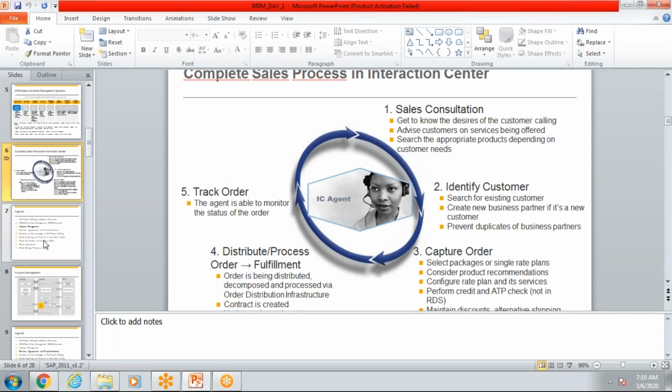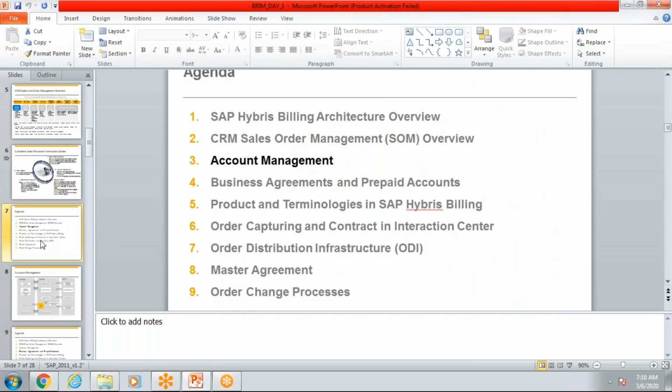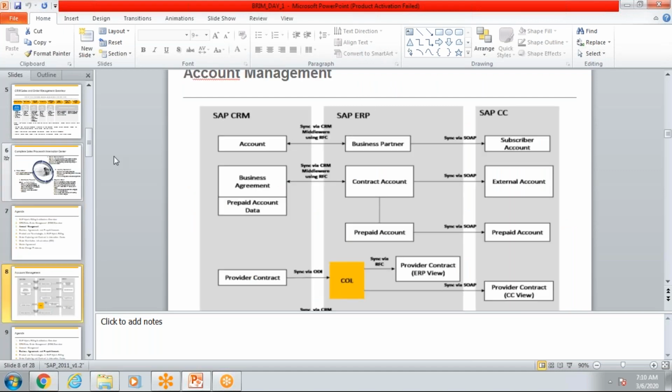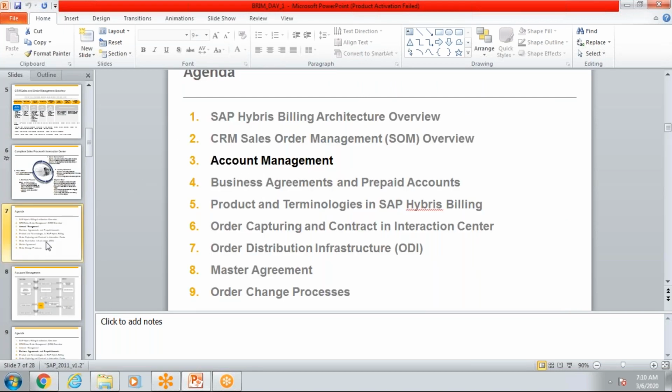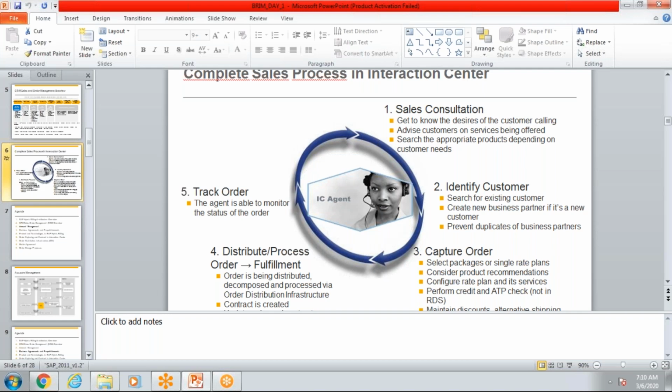Okay, now we'll see account management. In the previous slide, you were talking about the normal sales process, the phone plan, right? What in case of the toll gate process?